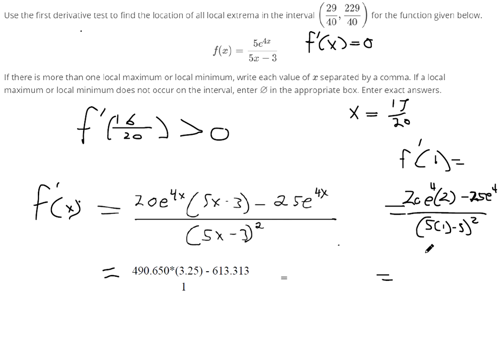Minus 25e to the 4th, so that's 15e to the 4th. And then down here, 5 times 1 is 5. 5 minus 3 is 2. 2 squared makes 4. So it's positive. We get something here. Let's just say it's positive.